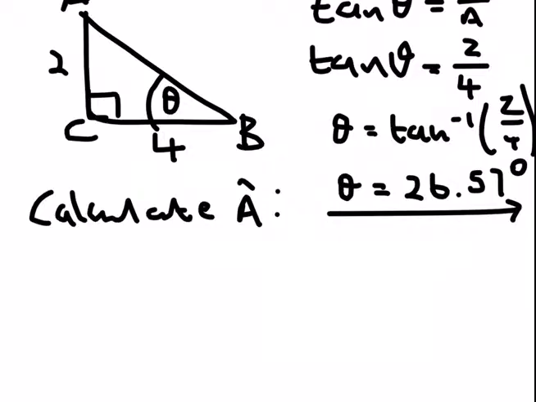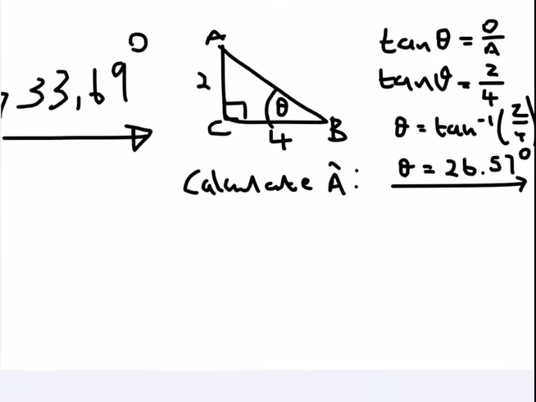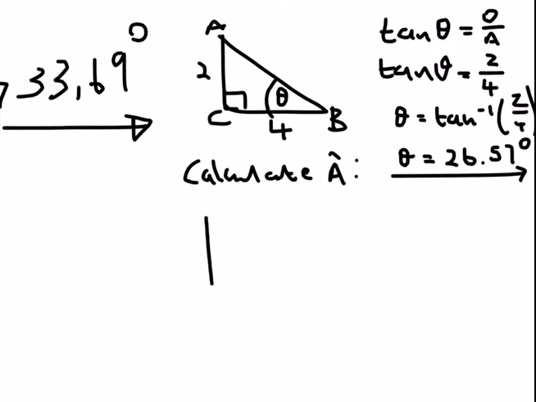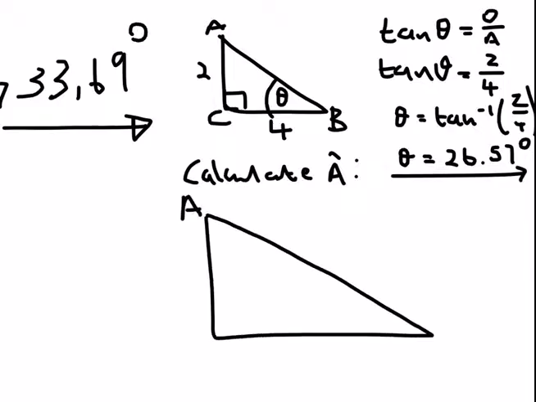So let me show you something that they taught you in your lower grades. If you have a right angle triangle, I'm just redrawing that one with points A, B, and C, with that being 4 and that being 2. I just calculated this angle and it is 26,57 degrees. What did they teach you?